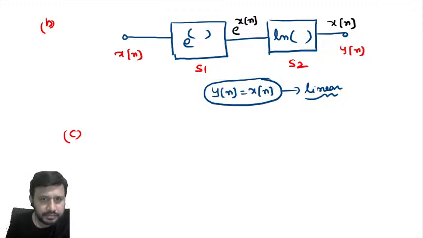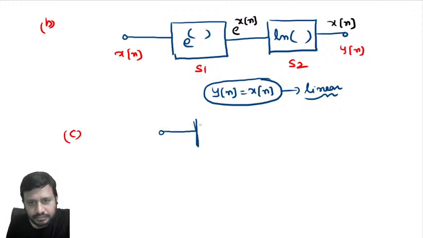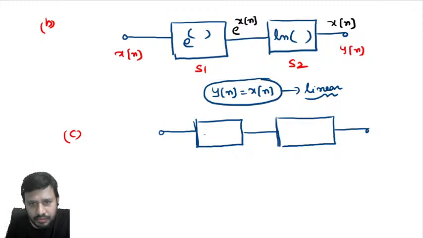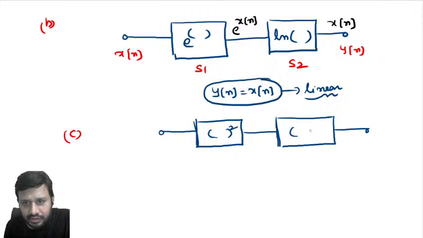Understood? Or if you have any doubt, take two more nonlinear systems. Observe here. Square is nonlinear, cube is nonlinear, right?